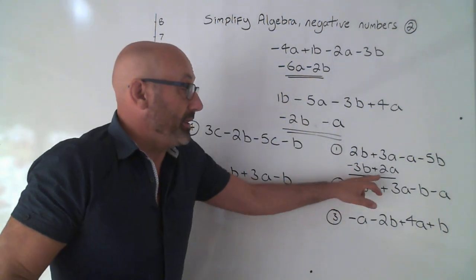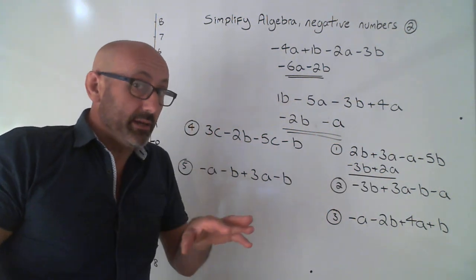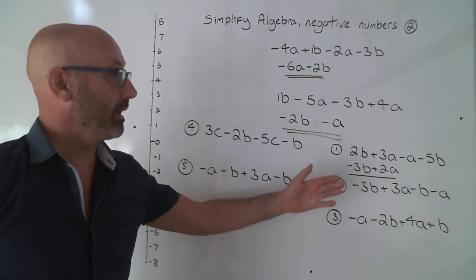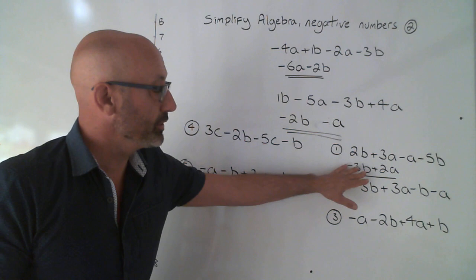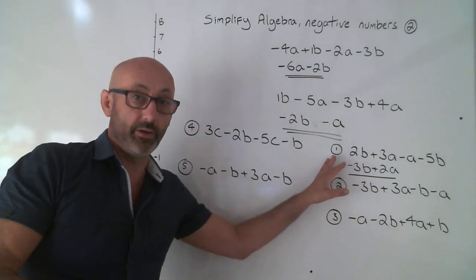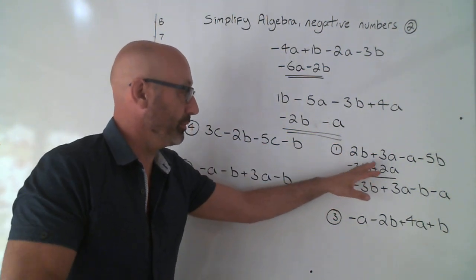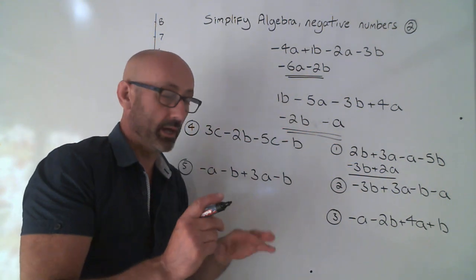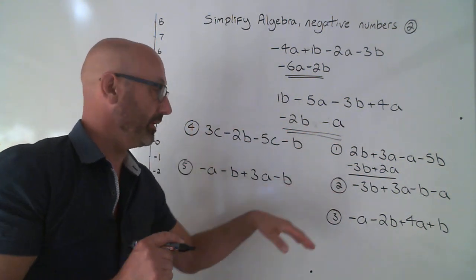So that could be written as 2a minus 3b. It's just the same. Also, if you got just a bit of it wrong, half of it wrong, then put a circle around the bit you got wrong. You still got half of it right.